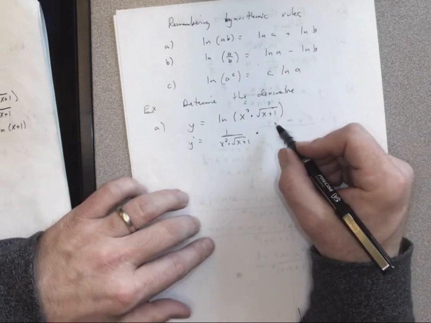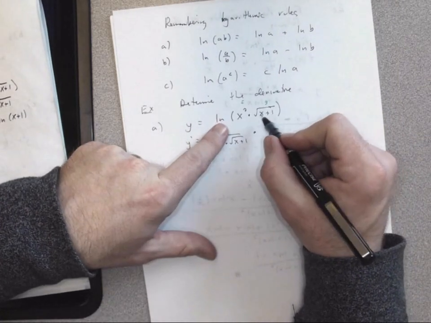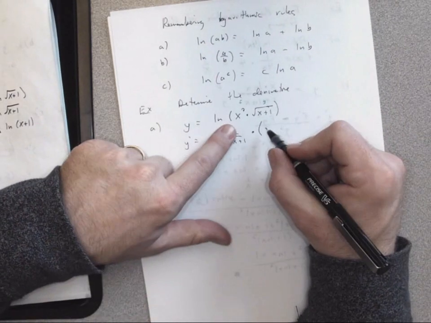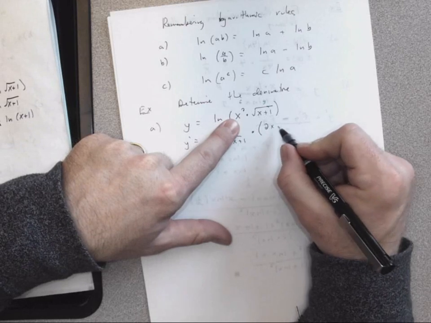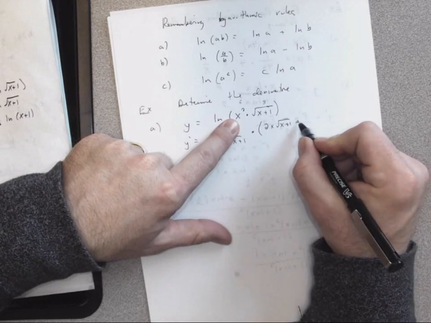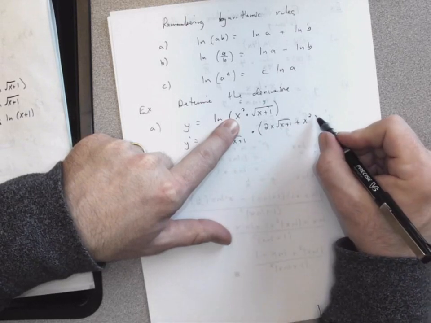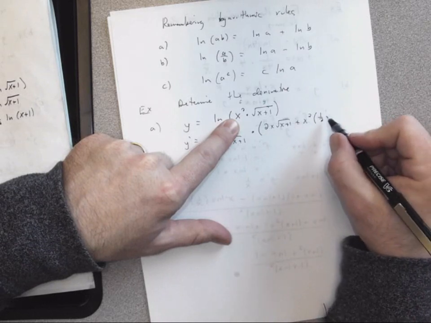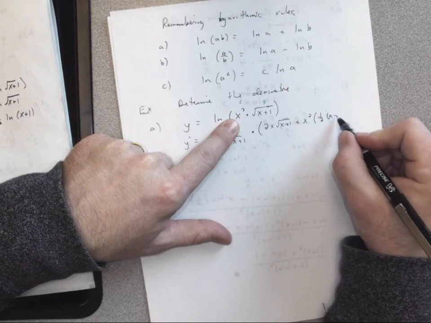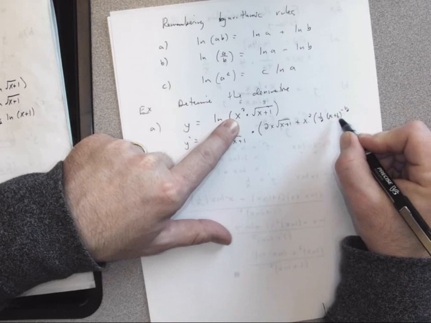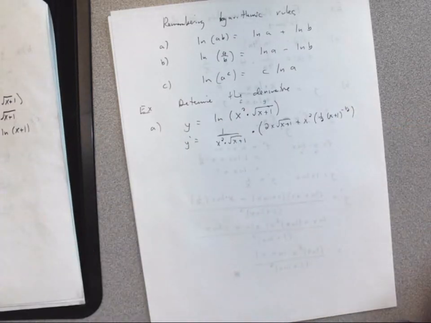So we know that this is going to be f prime g plus f g prime. So the derivative is the derivative of the first times the second plus the first times the derivative of the second, which is 1/2 x plus 1 to the minus 1/2 times the derivative of what's inside, which would be 1.